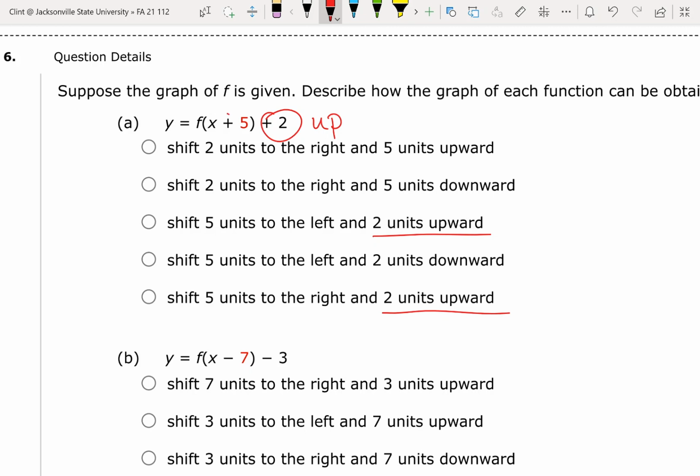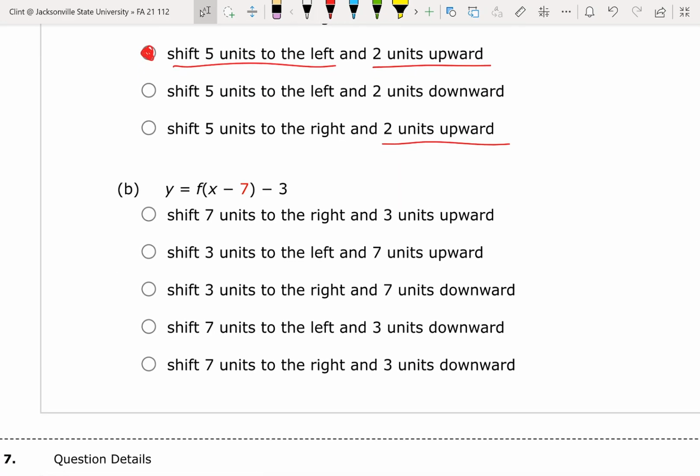And +5 inside with the x, that means, remember, we kind of have to think about these backwards, so we're going to go left 5 units. Up 2 and 5 units to the left. That's this one.